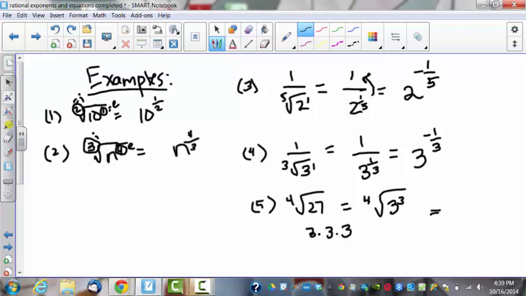And that's going to be equal to 3, oh gosh, I can't really see where my pen is here, oh there it is, 3 to the 3 over 4, the exponent is a 3, and the index is a 4.